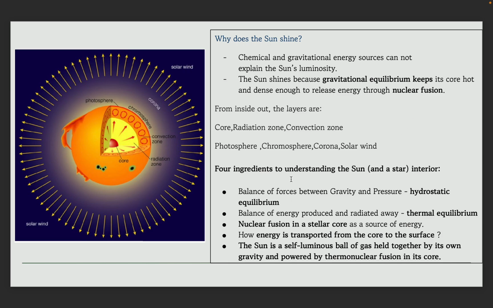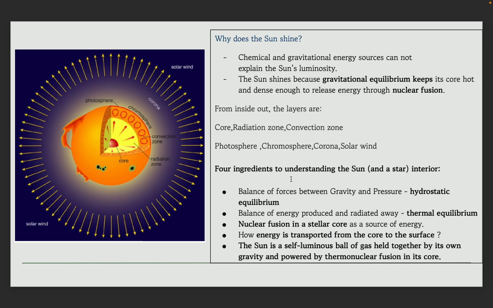There are four ingredients for understanding the sun as a star and the solar interior. First is the balance between the forces of gravity and pressure, that is the hydrostatic equilibrium. We have to balance the gravity, that is the internal force, and the pressure due to hydrogen gas, that is the external force. Such balance is called the hydrostatic equilibrium.